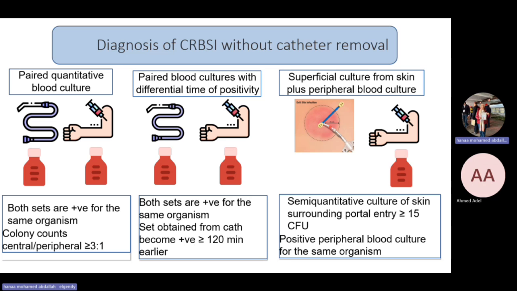If the central blood culture sent from the catheter becomes positive or grows the organism, and the lab informs us that the peripheral culture becomes positive after 2 hours or more difference between both cultures, we confirm that the source of infection is the catheter.